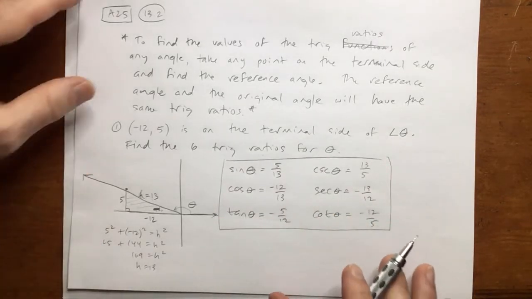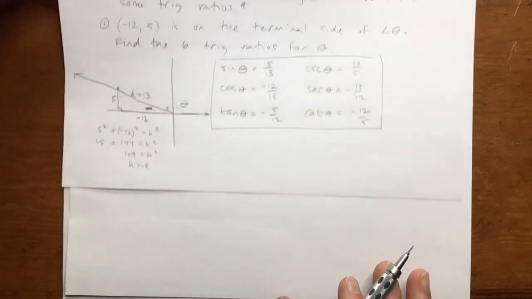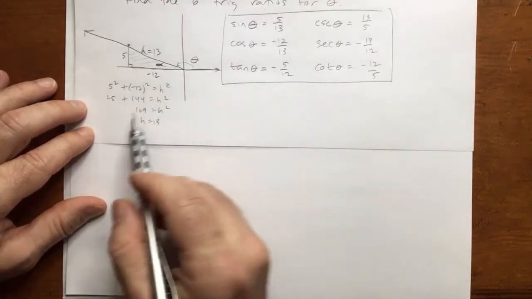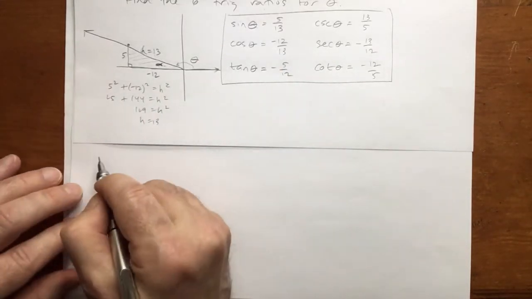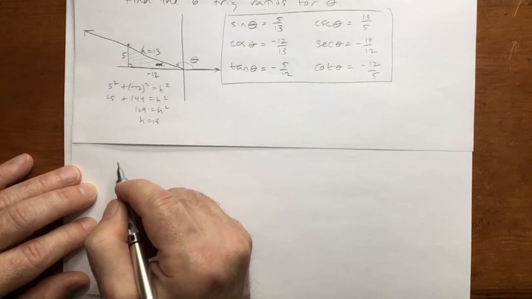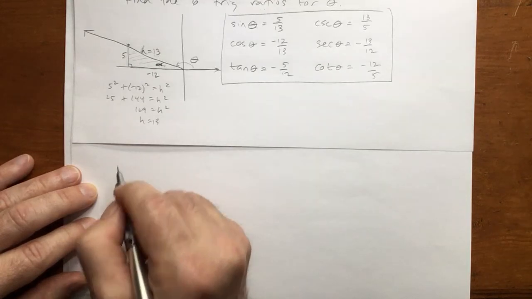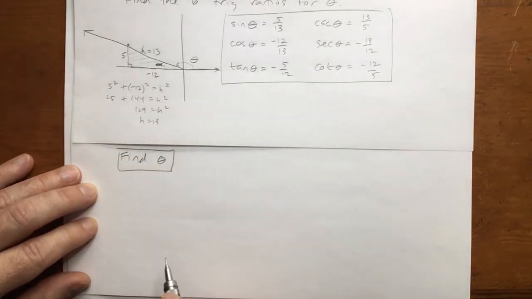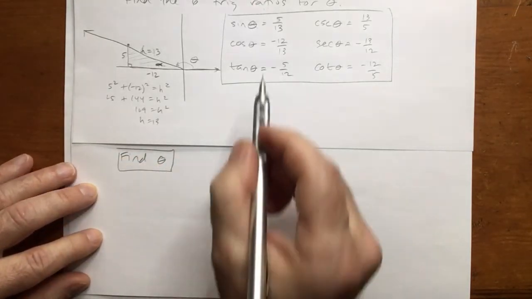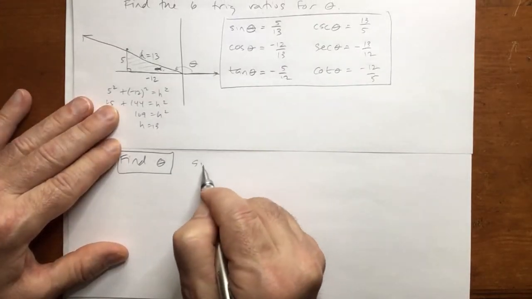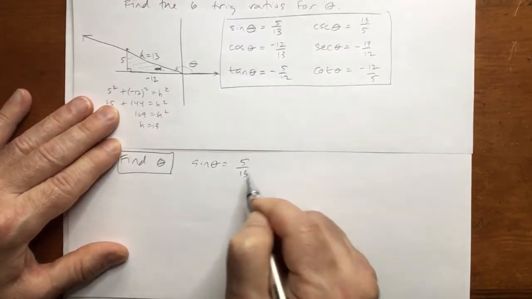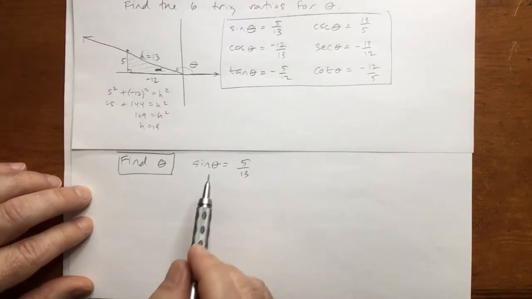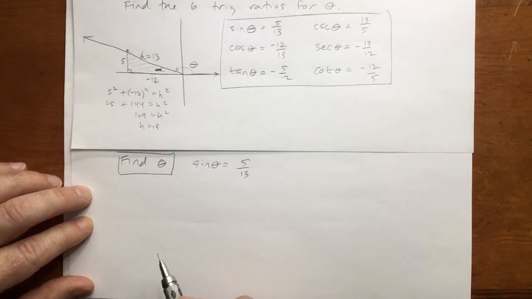Okay, so let's move this up a little bit. Okay, and I'm going to work with this picture now. Okay, and so let's say I want to continue. Let's say I want to find theta using our calculator. Okay, and so I'll use the sine. The sine of theta is 5 over 13. And in geometry, you learned that in order to solve for theta, you have to use what we call the inverse sine.